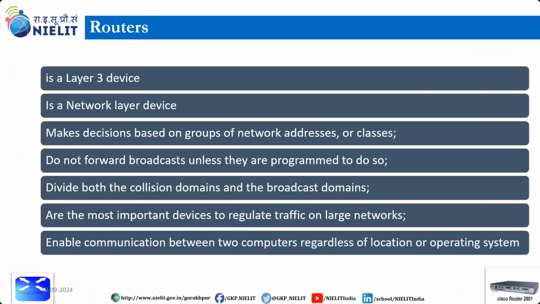A switch makes decisions based on source MAC address and destination MAC address. A router is used to connect two or more different networks. That is why a router is also known as an inter-networking device, and a layer 2 switch or hub is also known as an intra-networking device.